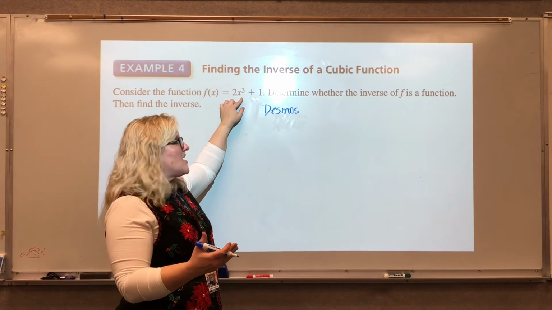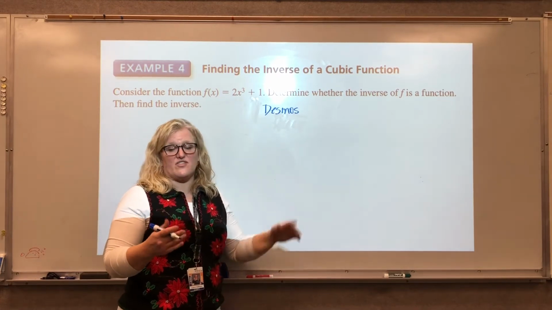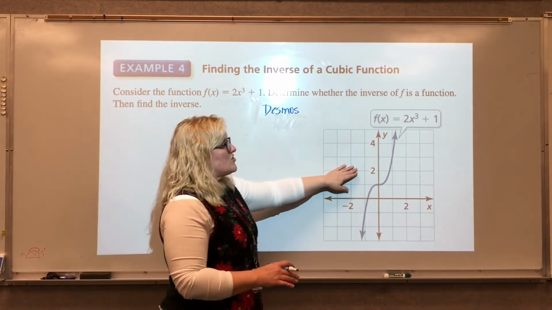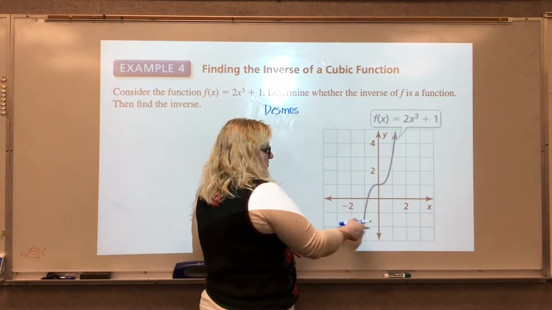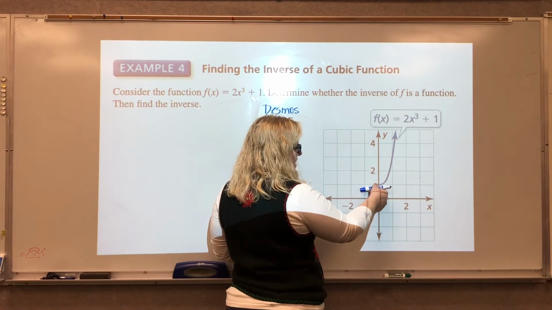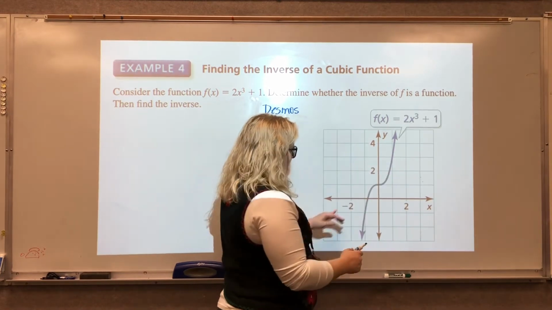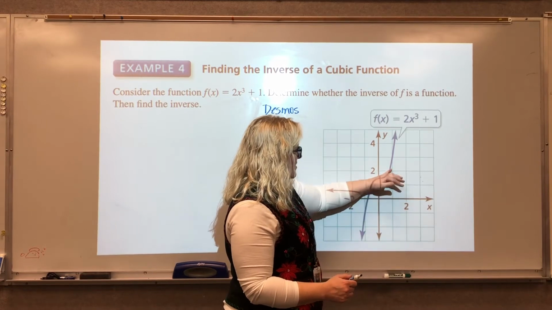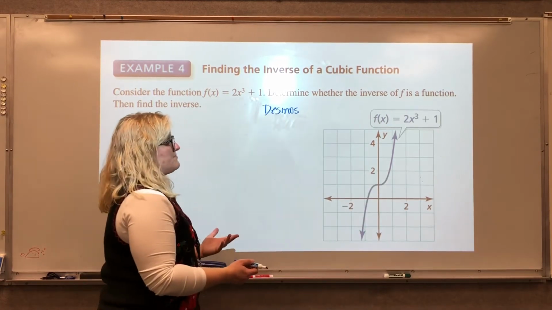And if it does, then the inverse is a function. For example, here is 2x cubed plus 1. If I put a horizontal line through all of this, I guess it's possible for it not to pass right here, but I really think it does. So I believe it is a function.